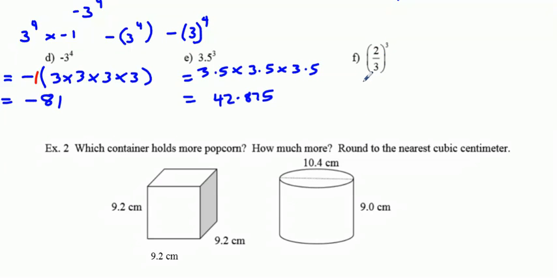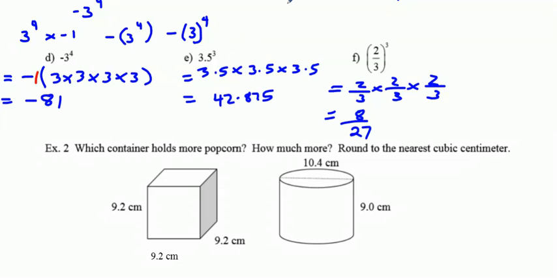And it's important that you notice the brackets in these cases, because if there is no bracket, it means something completely different. So now just multiplying fractions, tops by tops, bottoms by bottoms, you remember, so 2 times 2 times 2 is 8, and 3 times 3 times 3 is 27. So you end up with 8 over 27 here.